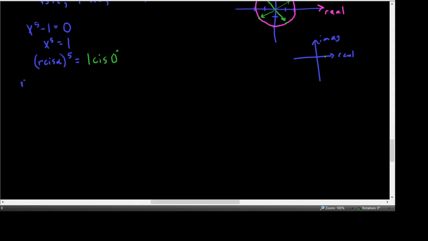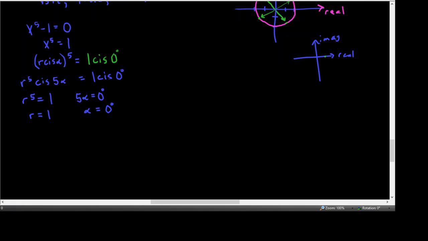So using de Moivre's theorem, that'll become r to the 5th cis 5 alpha equals 1 cis 0 degrees. And equating the various parts that should be the same, r to the 5th should be 1, 5 alpha should be 0 degrees, and the principal root of the 5th root of 1 is 1, and 0 divided by 5 is still 0 degrees.